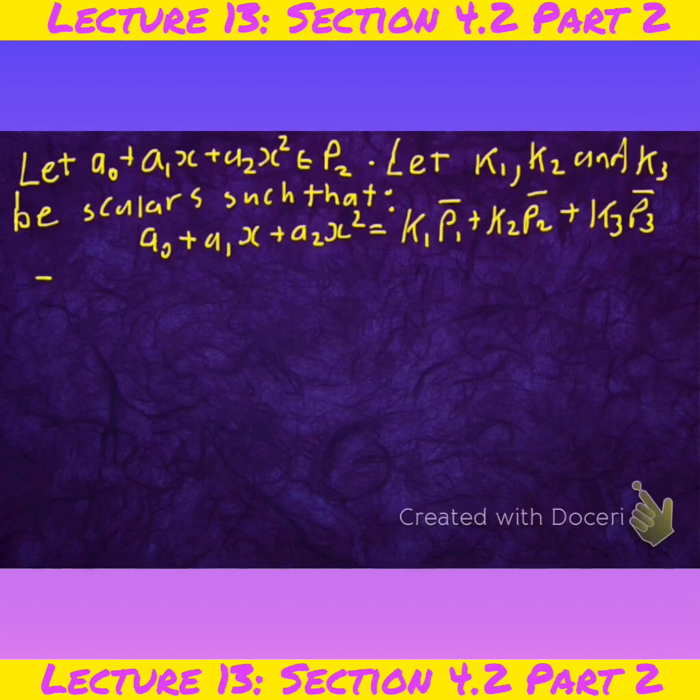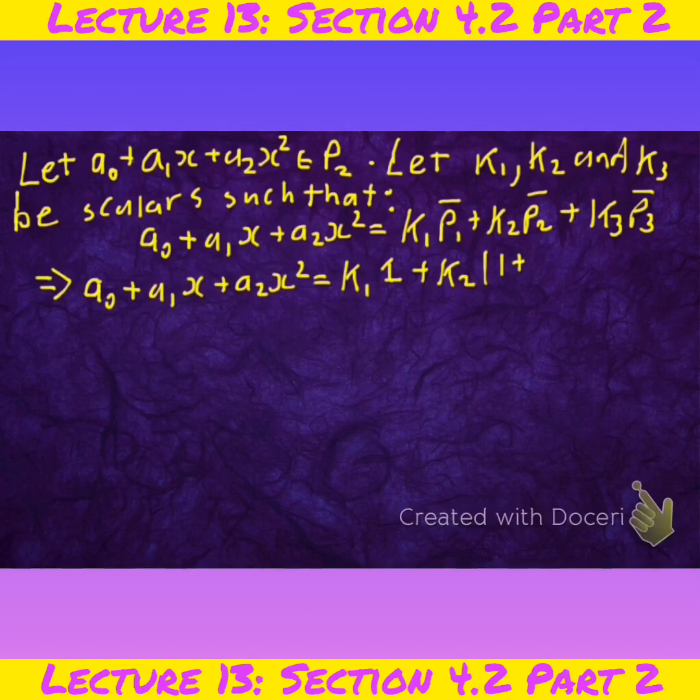So that means our function is k1 p1. What's p1? P1 is the polynomial 1. What is p2? That is 1 + x - x squared.